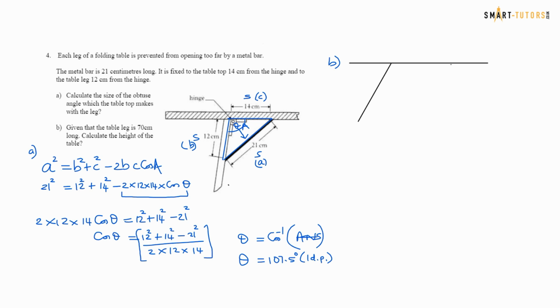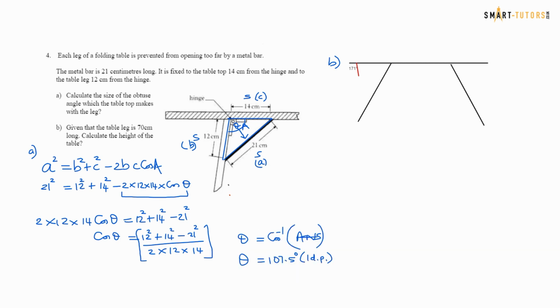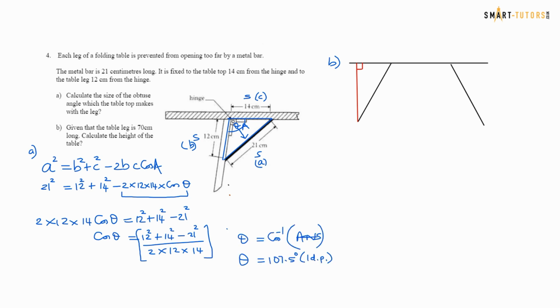The table has two legs side by side, and now I'm going to use a different color. This is the height of the table. When you say height, this angle has to be 90 degrees, right? Let me use blue to mark the rest. 70 centimeters is the length of the leg, and this angle is 107.